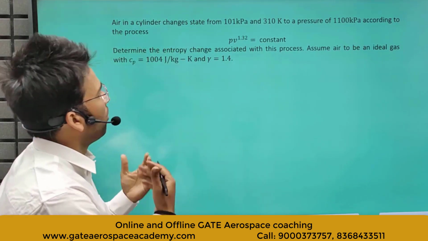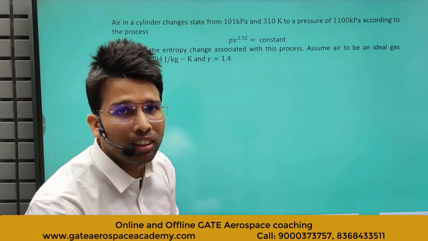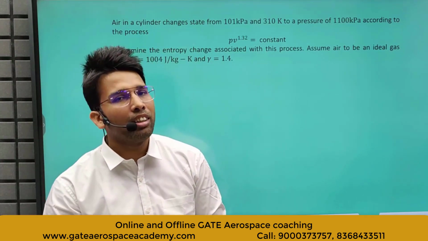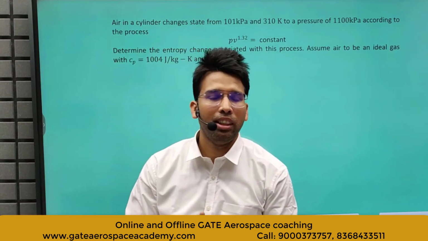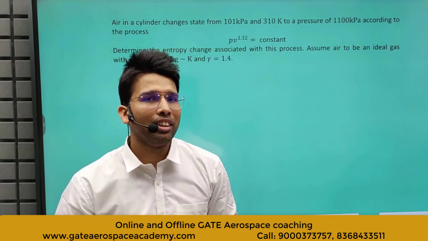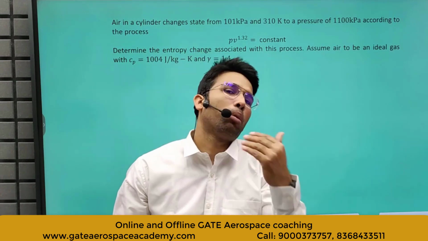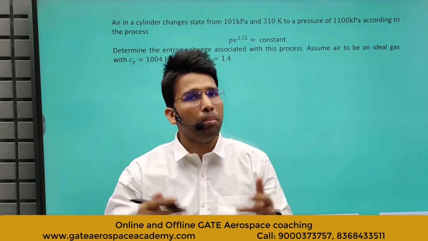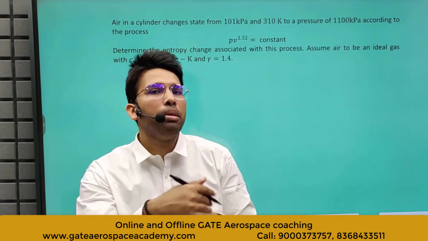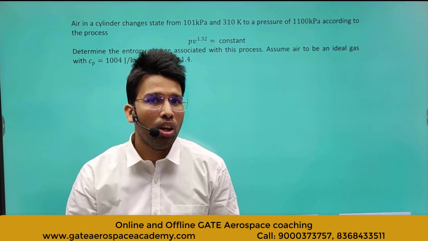Then what we have to do in such case, right? See, if we have air with gamma equal to 1.4, obviously it is not necessary that air will always change its state from state 1 to state 2 by isentropic process only. There may be number of processes by which state change can be achieved, correct?